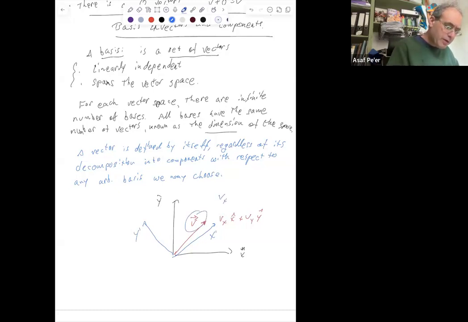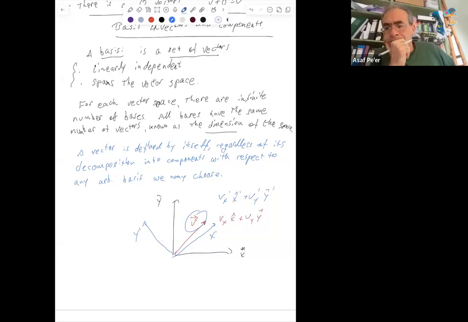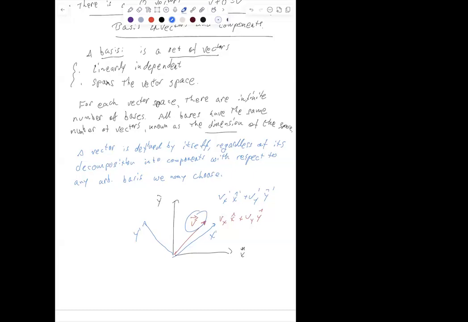Now it will be Vx prime in the x prime direction plus Vy prime in the y prime direction. We didn't touch it. The vector doesn't care about the basis. In different bases, vectors will be described with different components, but the vector itself not. That's the point I'm trying to highlight here. Yeah? Okay.